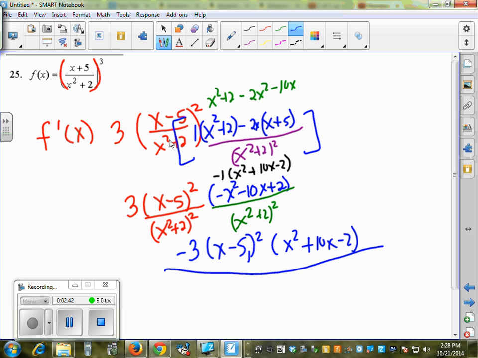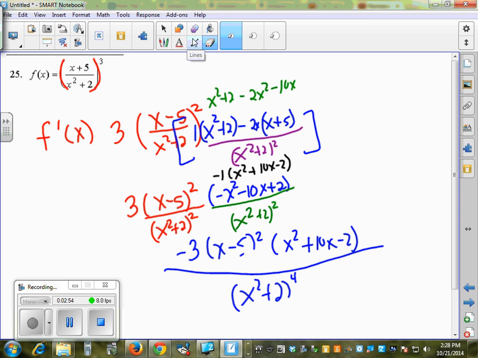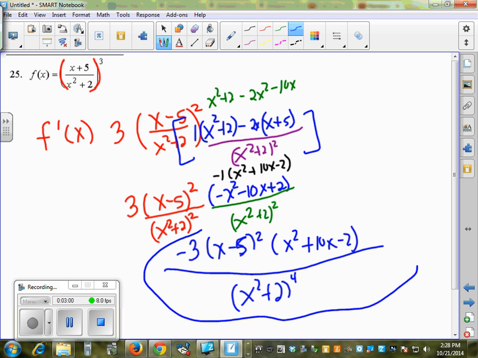In the bottom, we had x squared plus 2 squared plus another one, so that'll be x squared plus 2 to the 4th power. And that finishes that problem. That's your derivative.